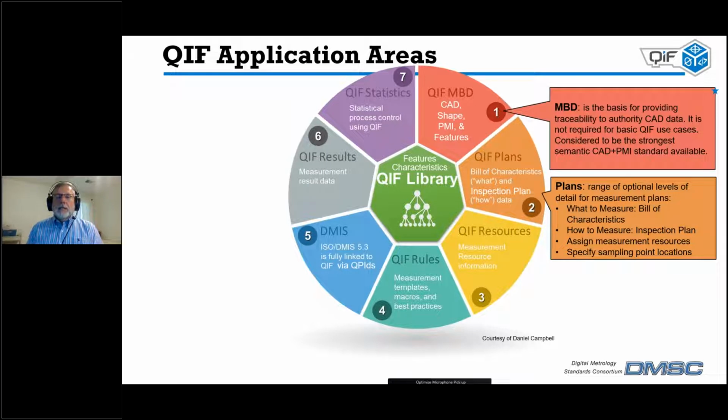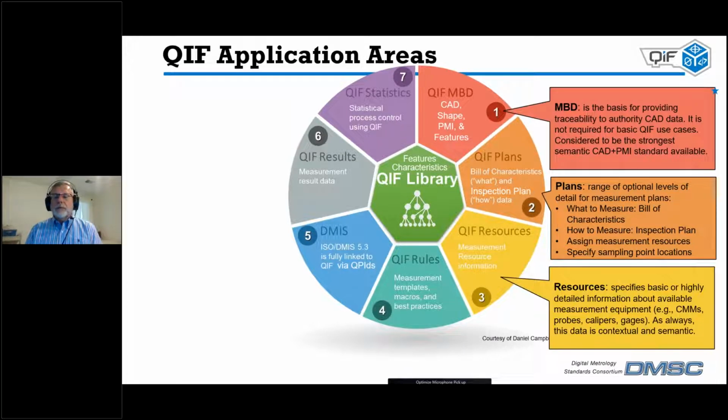You can also assign measurement resources to them, and then maybe you can designate, maybe based on rules or whatever, your sampling point scheme. The next application is on QIF resources. This is where you can help define available measurement equipment that you might want to consider in your plan.